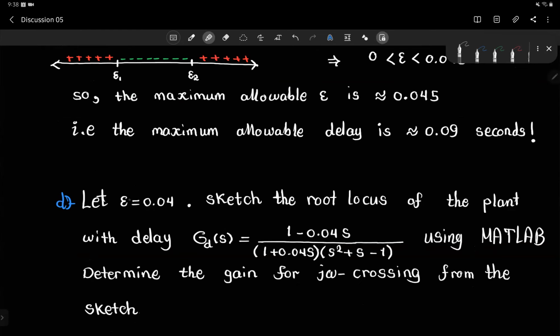And for that particular value of epsilon, let's try to determine from the sketch the gain at which we have j omega crossing. So can anyone tell me what the crossing of j omega signifies? Any ideas?